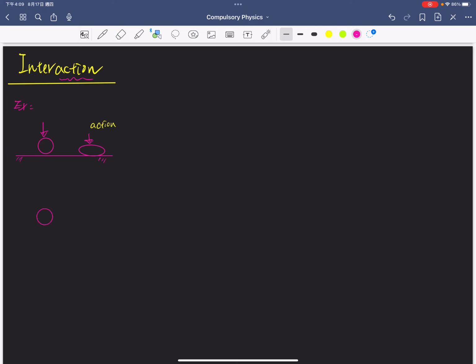Here is a ball, and this is another ball, and both balls are on the ground. We label this one number one and this one number two. When ball one and ball two start to touch each other, number two has a force on number one, and number one has a force on number two, right?